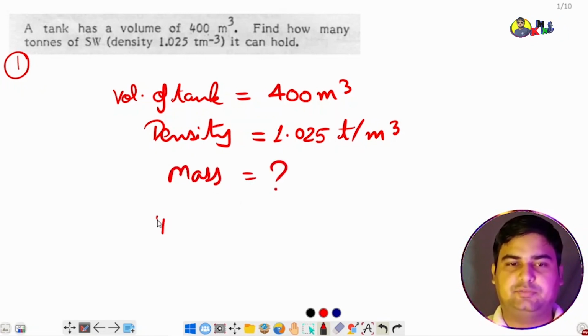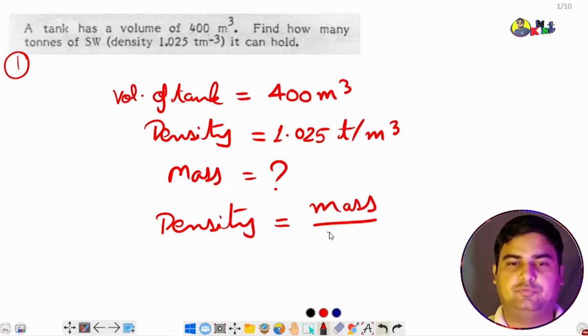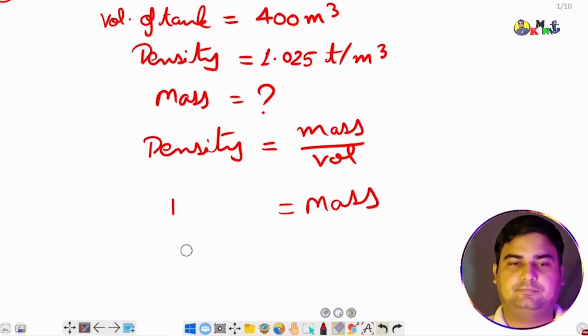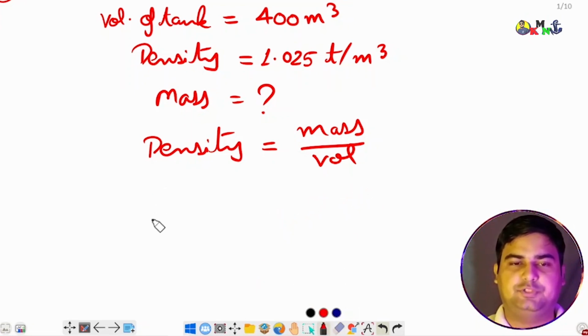So we know that the formula is density is equal to mass upon volume. So mass we need to find out, which will be equal to volume into density.